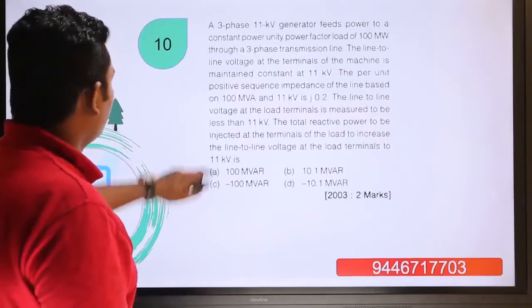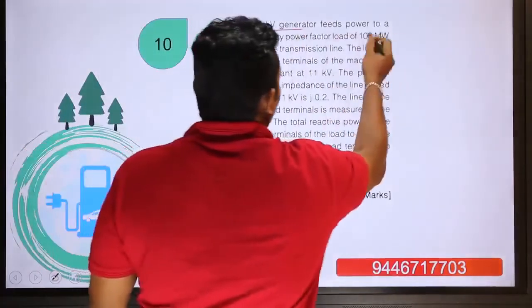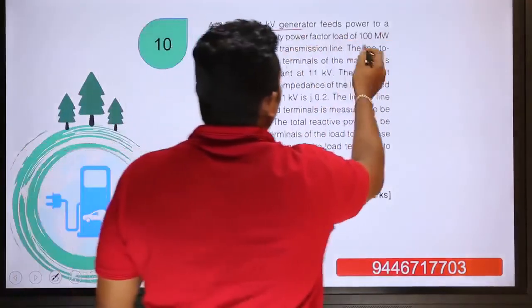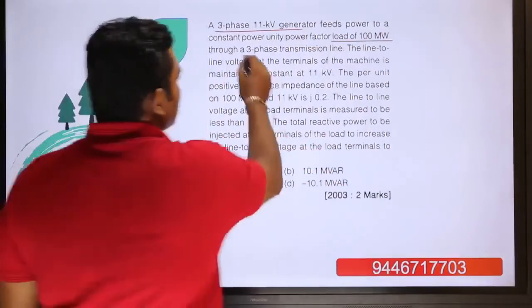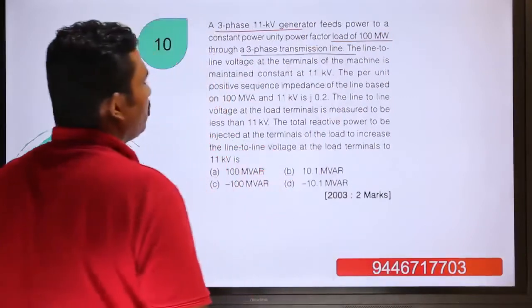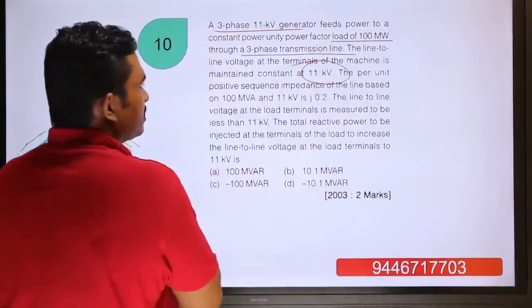Moving on to the next question, which is the 10th question. A 3-phase 11 kV generator feeds power to a constant power unity power factor load of 100 megawatt through a three-phase transmission line. The line-to-line voltage at the terminals of the machine is maintained at 11 kV constant.